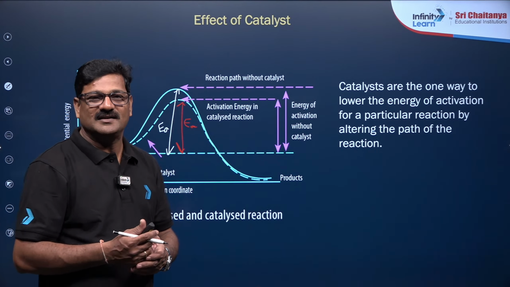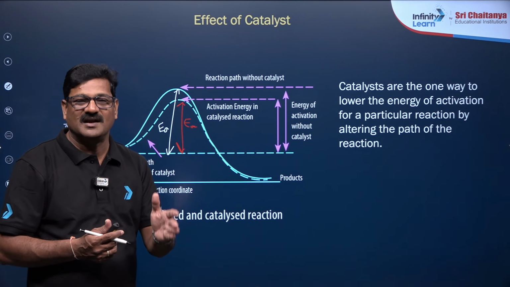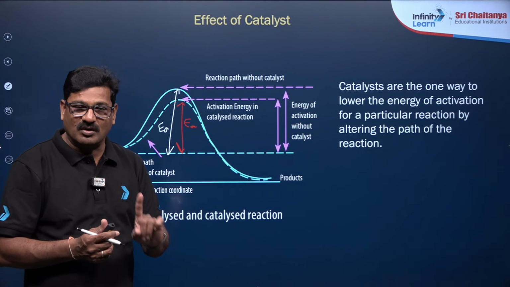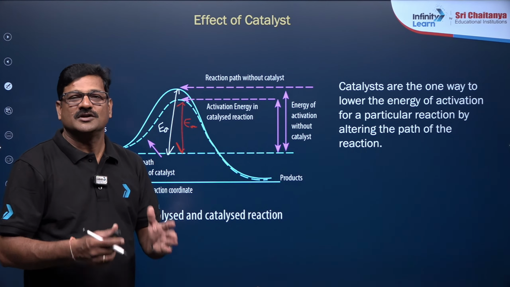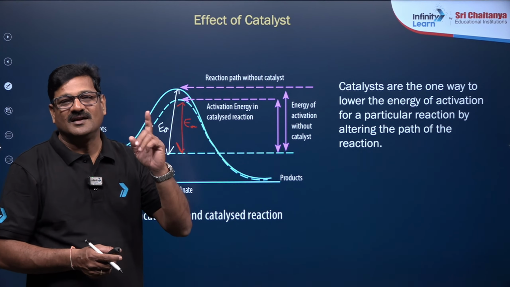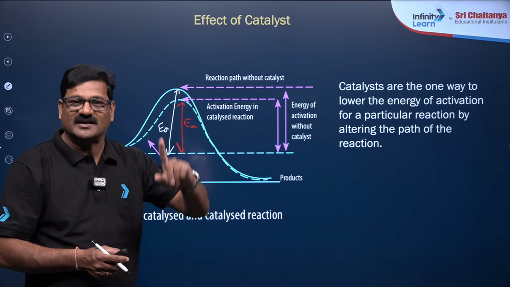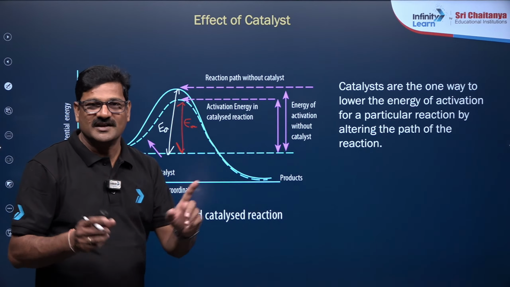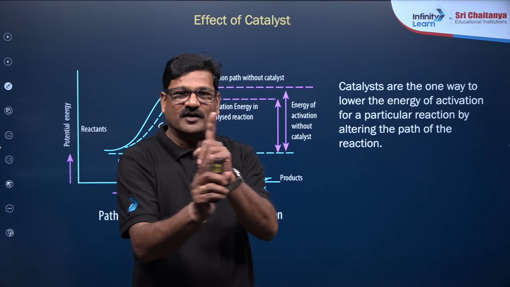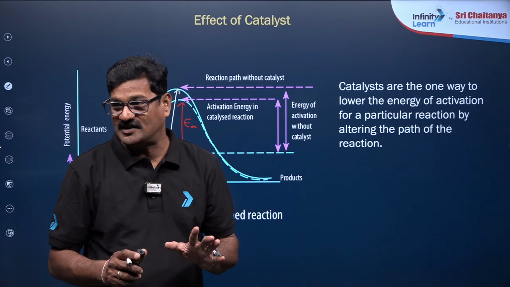Okay, and catalysts actually do not participate in the reaction. Catalysts are highly specific, and a catalyst does not initiate the reaction. A catalyst is going to catalyze reactions where delta G is negative. A catalyst catalyzes only spontaneous reactions, not non-spontaneous reactions. A catalyst is going to catalyze both the forward reaction as well as the backward reaction with the same effect, the same speed.